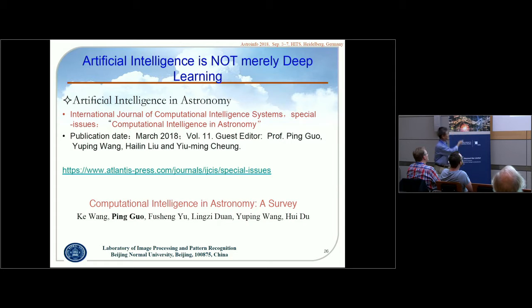Last, I will say one more thing. You may find that some words are confusing, with different fields using different terminology. Most people say artificial intelligence means deep learning, but artificial intelligence is not merely deep learning. For artificial intelligence in astronomy, the most fitting term is computational intelligence astronomy.